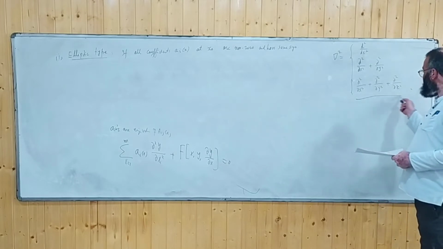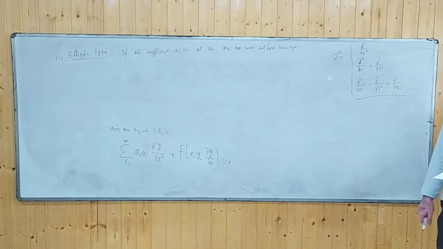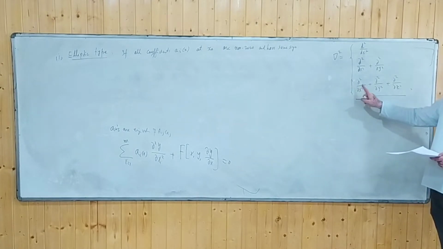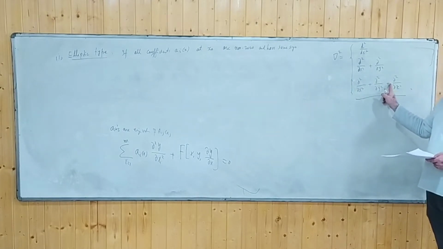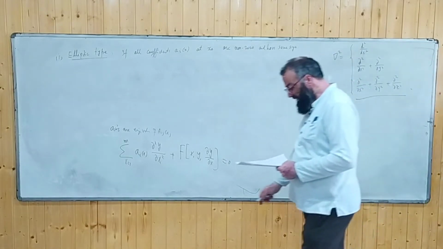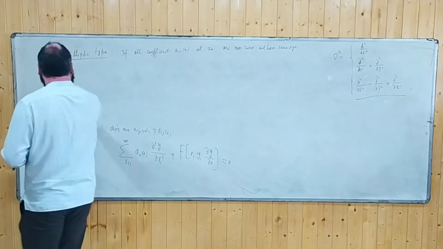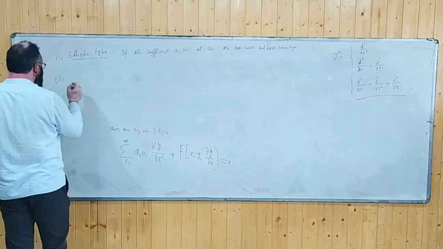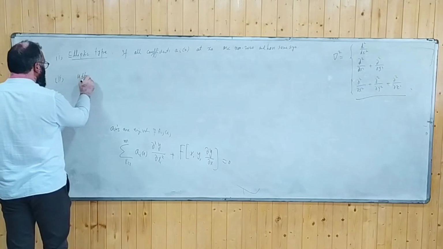Now look at this. What are the coefficients here? It's 1, 1, 1. All are non-zero, and all are having the same sign. Okay. So now let's take another case. We call that, let's say, ultra hyperbolic.